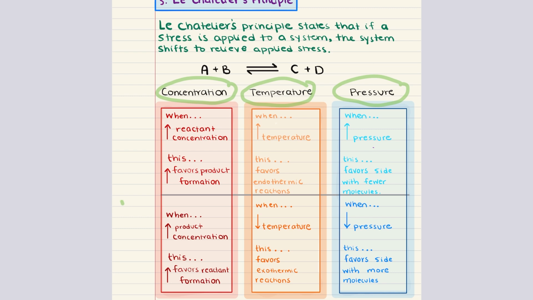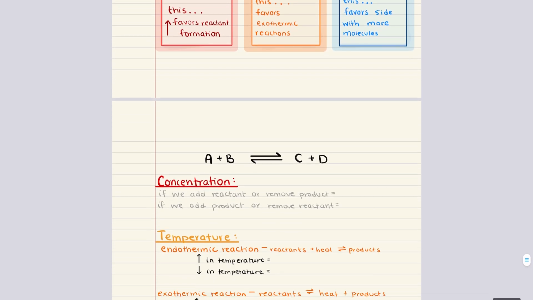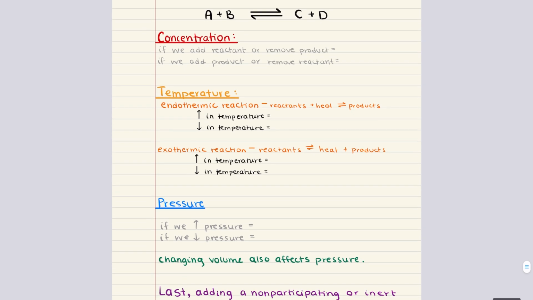Now, what you see here is a summary of what happens when you change the concentration, the temperature, and the pressure. We'll come back to it in a little bit, but first I want to scroll to this next page and consider every scenario and work through what happens when we alter these variables.